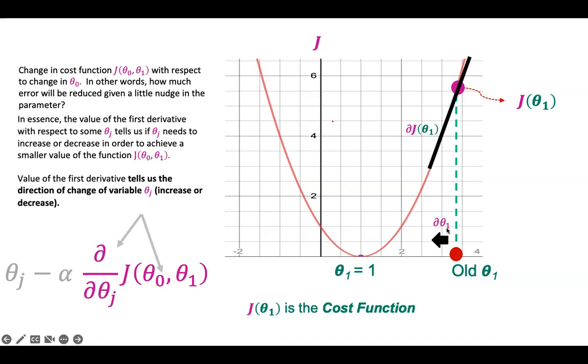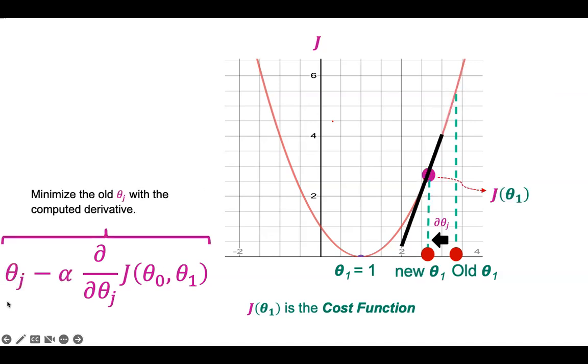In essence, the value of the first derivative with respect to theta j tells us if theta j needs to decrease or increase in order to achieve a smaller value of the cost. So the value of the first derivative tells us the direction of the change of the variable theta sub j, increase or decrease.